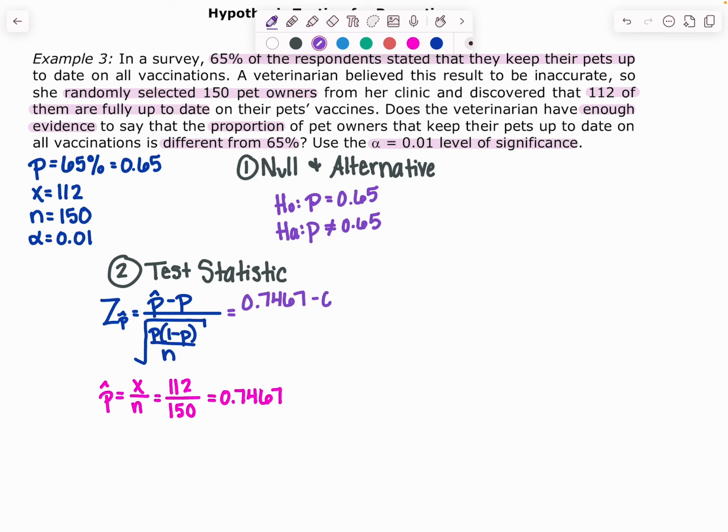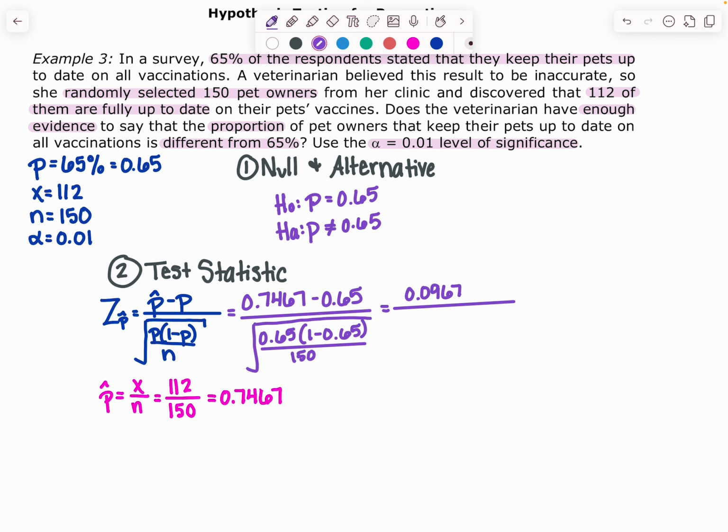0.7467 minus 0.65. That's the top, and then the bottom is the square root of 0.65 times 1 minus 0.65 divided by 150, which is our N. So 0.7467 minus 0.65, the top is 0.0967.